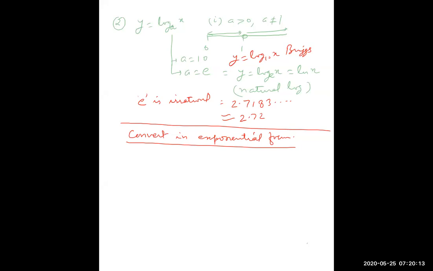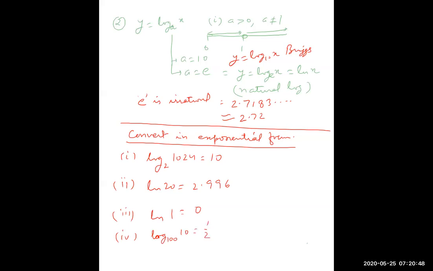For example, first log 2 1024 is equal to 10, ln 20 is equal to 2.996, and ln 1 is equal to 0. Convert these in exponential form.